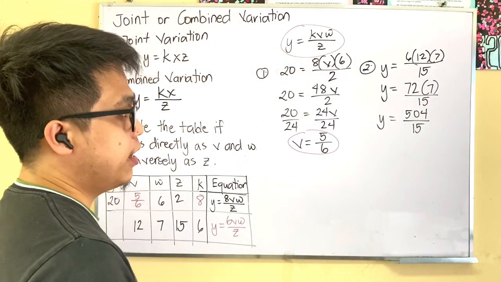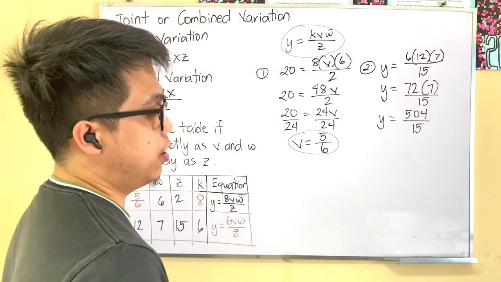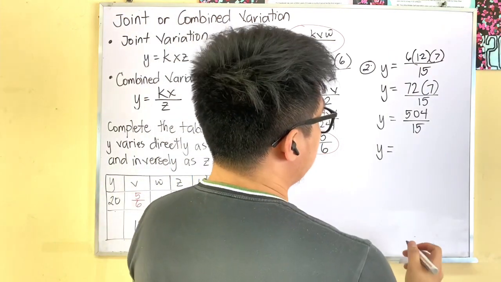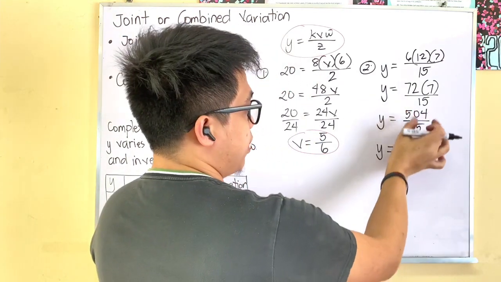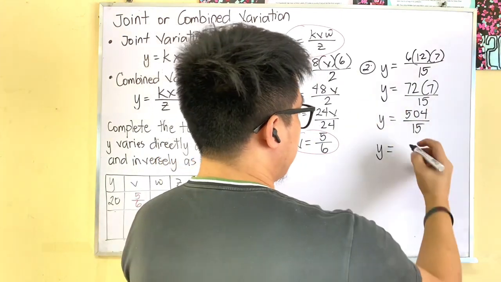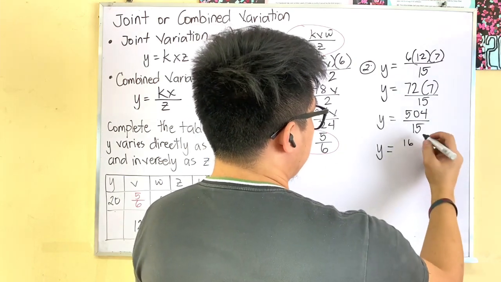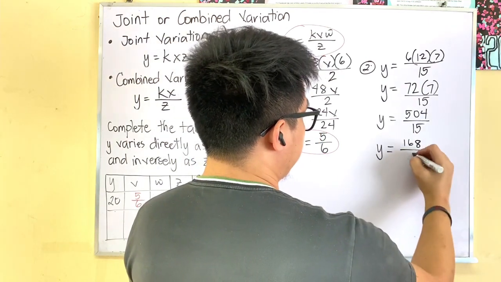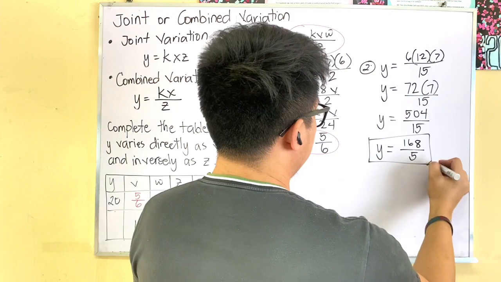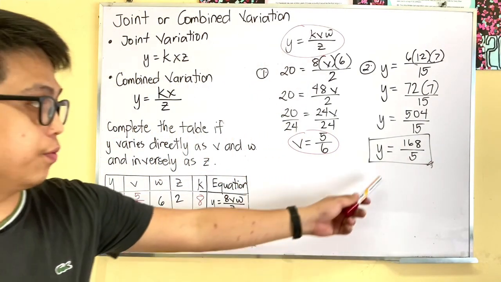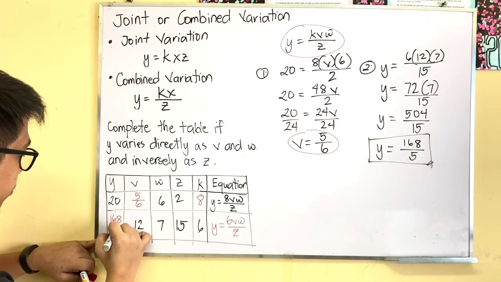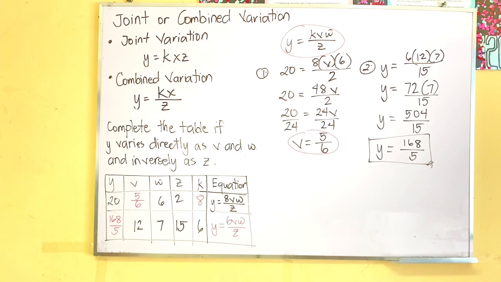So what will be the simplified version of 504 divided by 15? Divide natin yung numerator and denominator by 3. So magiging 168 all over 5. So this will be the value of our Y. Sulat lang natin siya dito. 168 all over 5, which is the simplified form of 504 divided by 15.